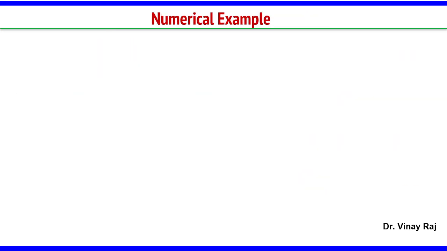I will explain this with the help of a numerical example. Let us try to understand this. Assume I am given some data x and y: 1, 2, 3 and 4. This is the data given to us, and I have to choose my cost function.